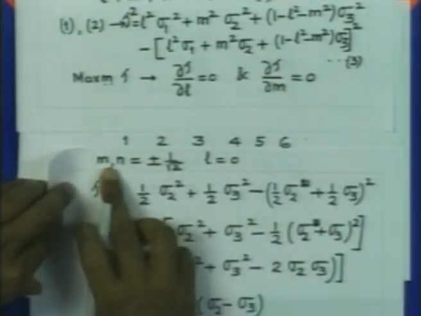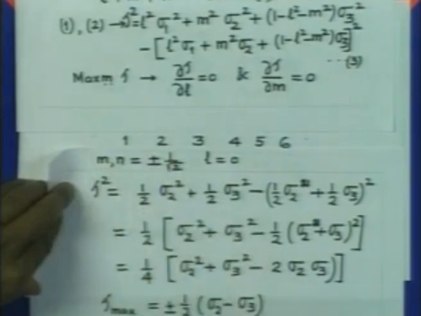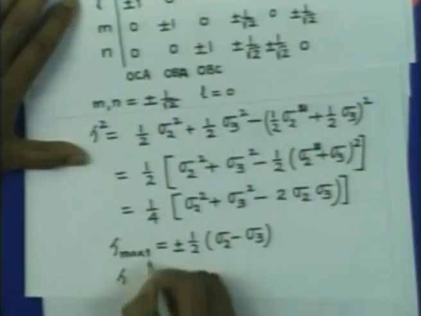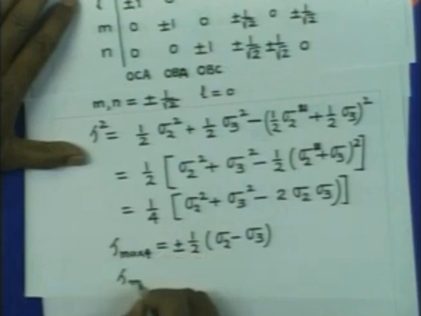So, the directions 2 and 3 are involved, and the principal stresses involved are sigma 2 and sigma 3, and the maximum shear stress is going to be like this. So, we can write now for the other two planes the shear stresses to be given by. Let us say this is plane number 4, then we have tau max.